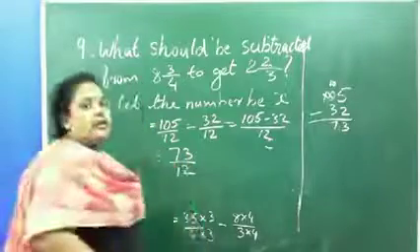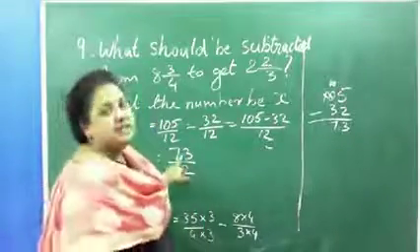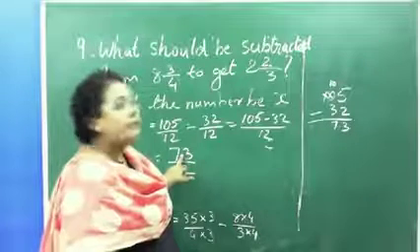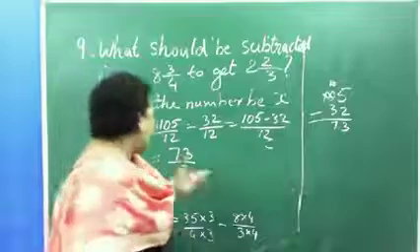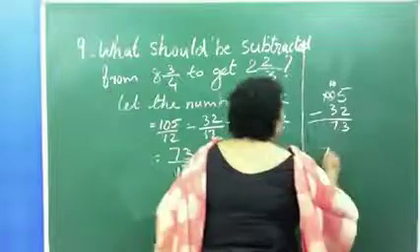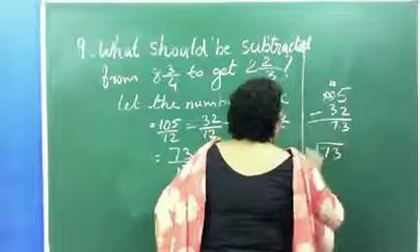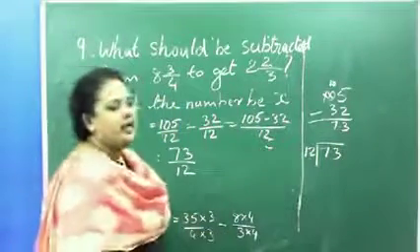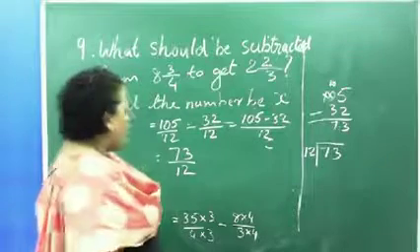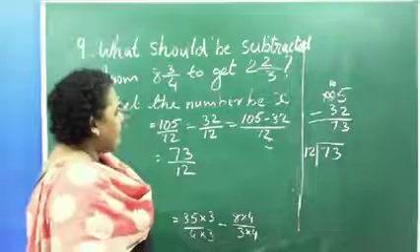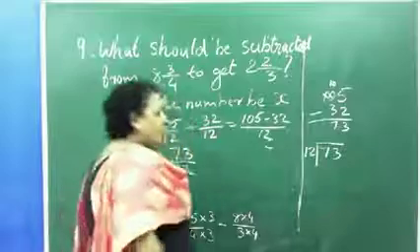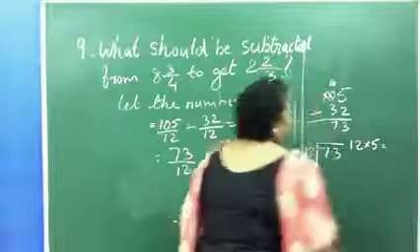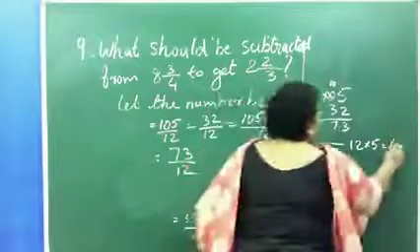73 by 12. Now this is an improper fraction, you have to reduce it and make it into a mixed fraction. That also we will do. Divide 73 by 12. From the multiplication table of 12, you know it very well. 12 5s are 60.